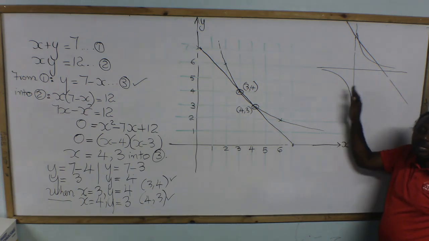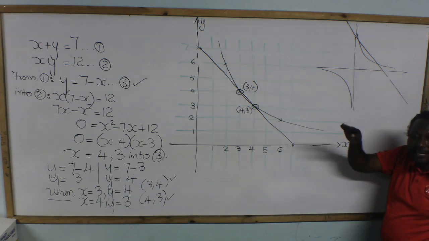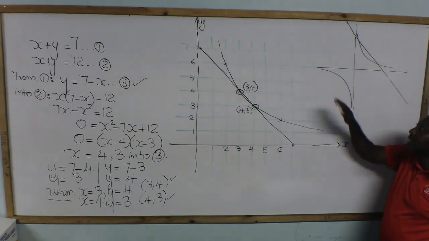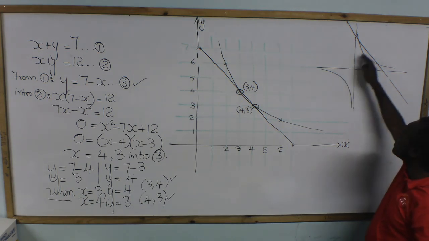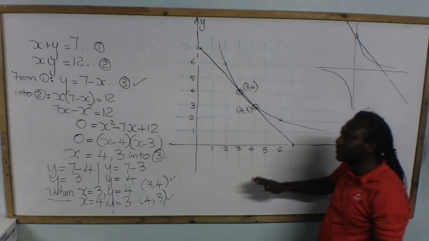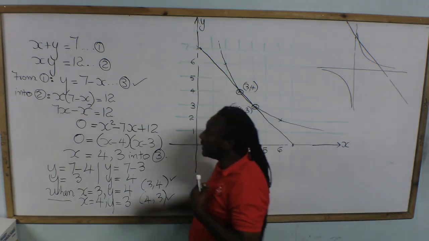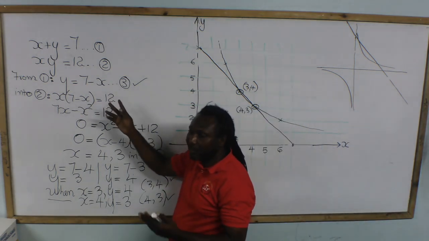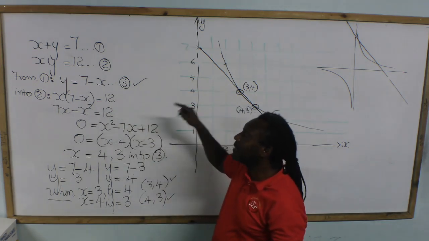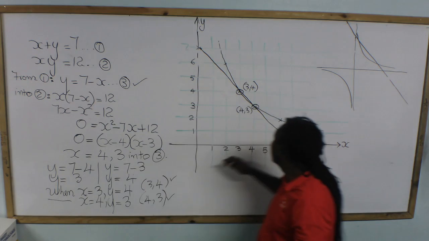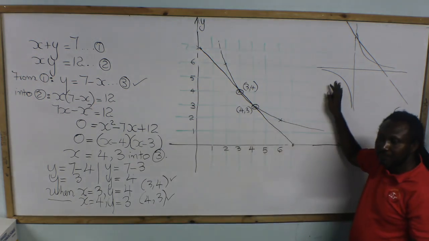So we do not have to use this section of the graph because the line will not intersect with it. Okay? Right, so that's why we just use this part. It's not that we don't have any negative values. Because if the equation were written in another way, as it is possible for the equation to be written in another way, it could include this part.